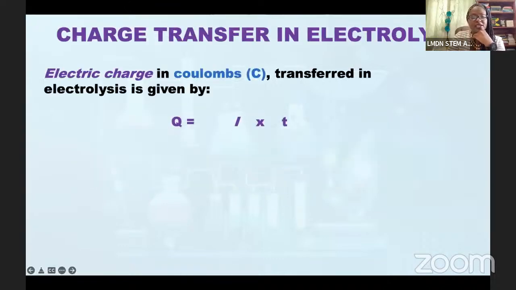And so essentially, what we're talking about is the transfer of charges that takes place in electrolysis, right? You have your species that's getting, in the case of the anode, what takes place at the anode? It's getting oxidized at the anode, right? So there's a transfer of electrons taking place.